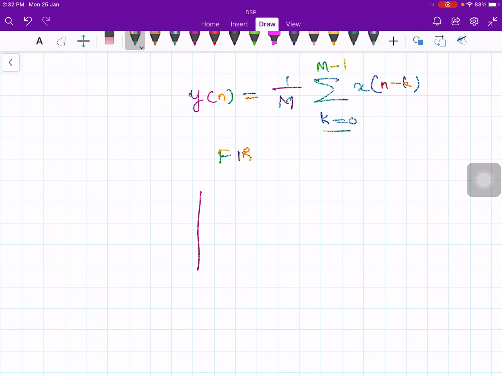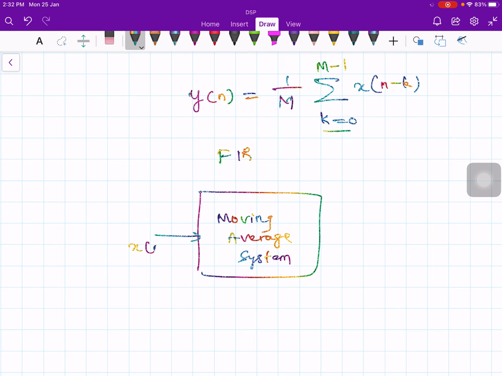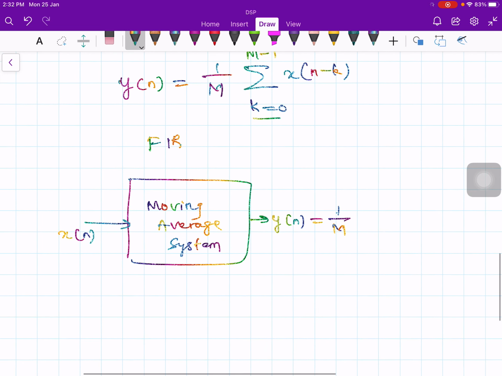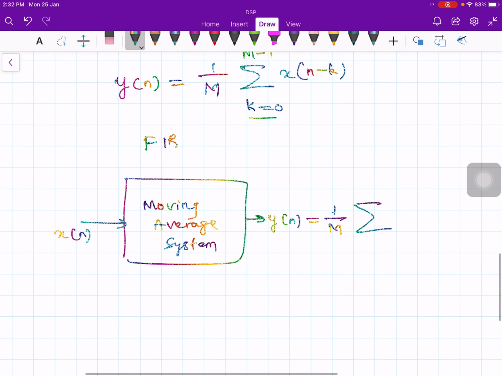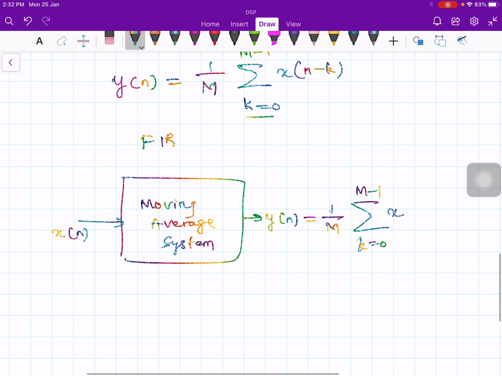So you have the moving average system, and if the input is x of n, then the output will be y of n. This y of n is 1 over capital M summation of k equal to 0 to capital M minus 1 of x of n minus k.